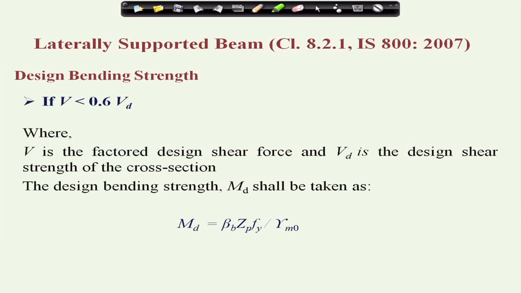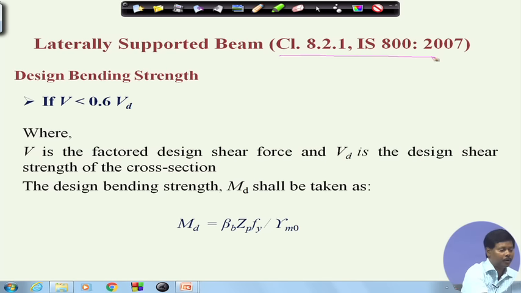In this case we are assuming that lateral torsional buckling is prevented, and with this, the design criteria will be discussed, which is given in the code in clause 8.2.1.